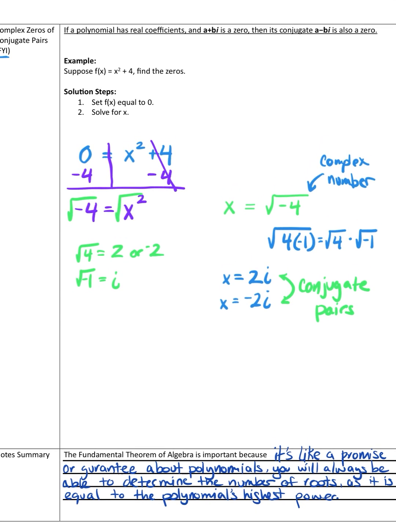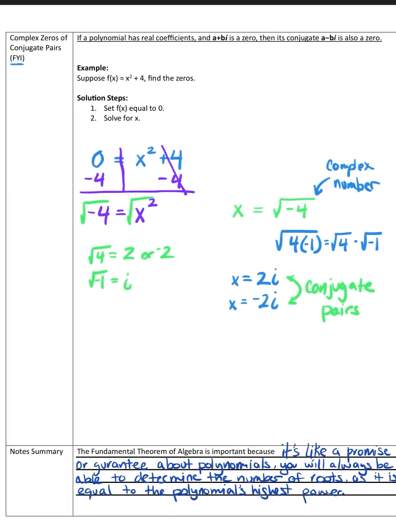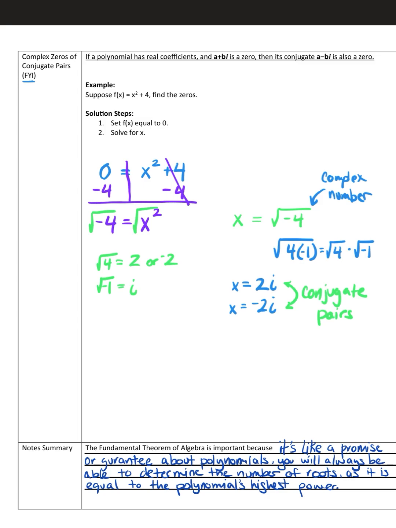I hope this lesson was helpful and that you were able to understand the Fundamental Theorem of Algebra, the factor theorem, the remainder theorem, the complex zeros of conjugate pairs, and how to apply those theorems to situations when working with polynomials.